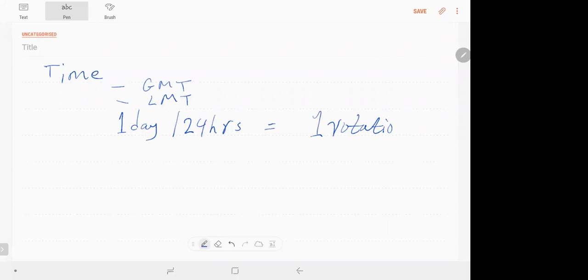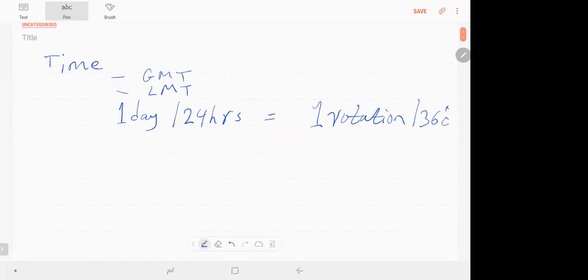One rotation needs how many hours? 24 hours. The rotation of the Earth on its own axis takes 24 hours or 1 day. One rotation means that 360 degrees of the Earth is covered in 24 hours.